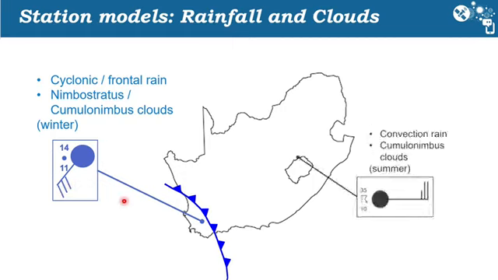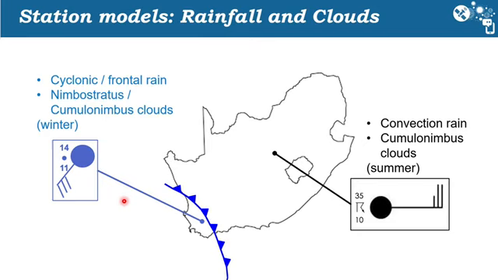Right. The other type of rainfall that we get in South Africa is what we call convectional rain. We will look at this in much more detail when you get to grade 12, but convection rain falls during summer, and it comes from cumulonimbus clouds. So here we will have very high temperatures in excess of 30 degrees Celsius.